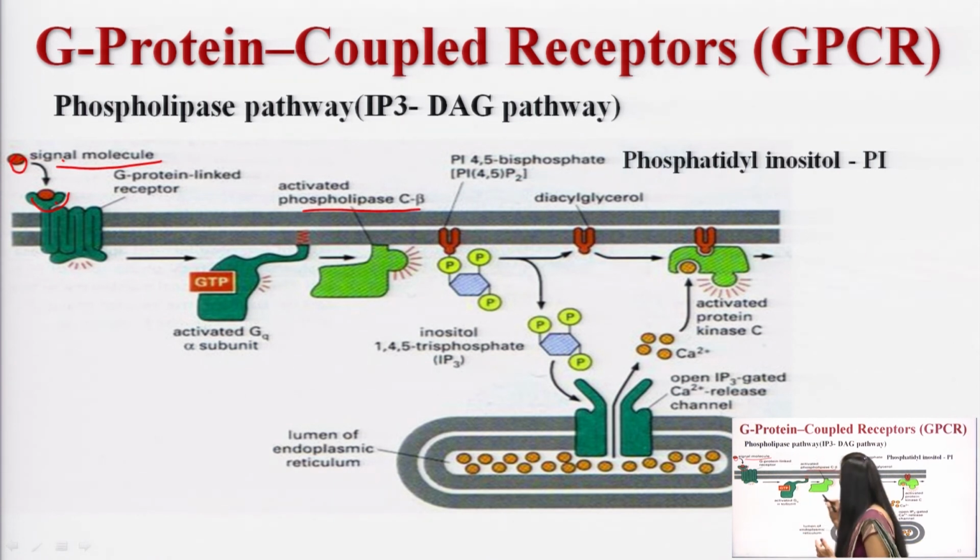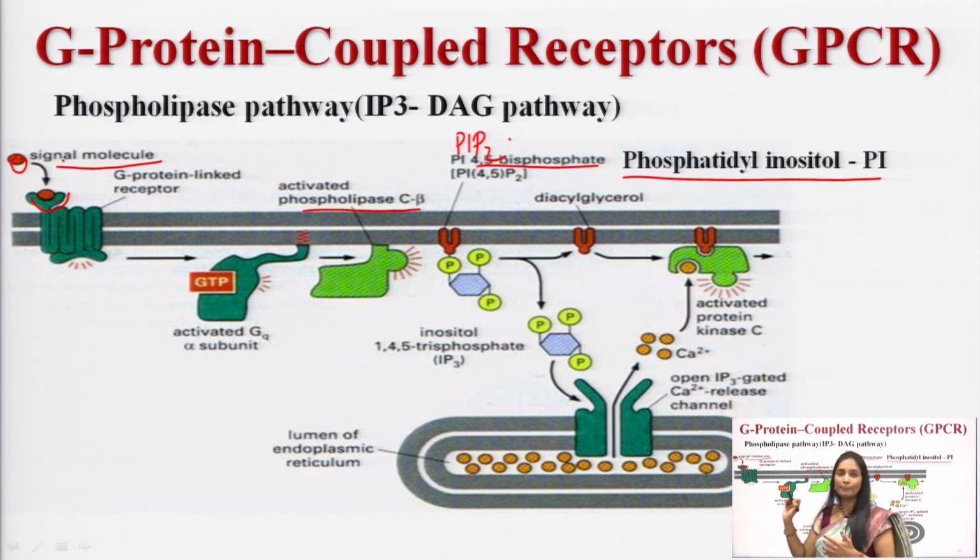What is PIP2? PIP2 is phosphatidyl inositol 4,5 bisphosphate. Once PIP2 is hydrolyzed, it produces IP3 and DAG.